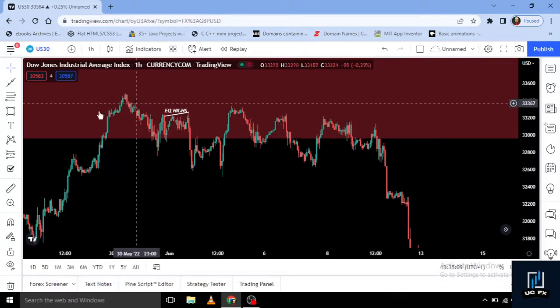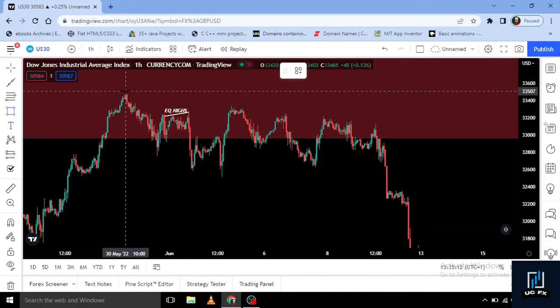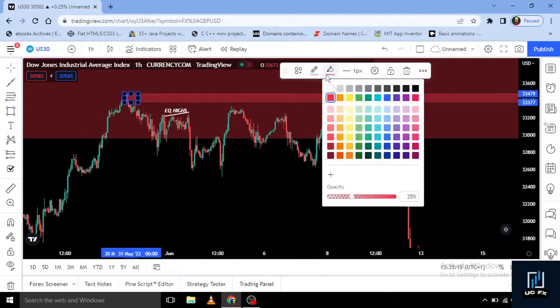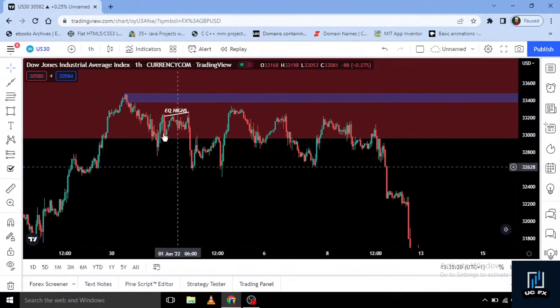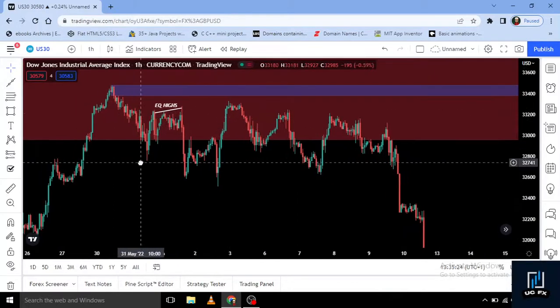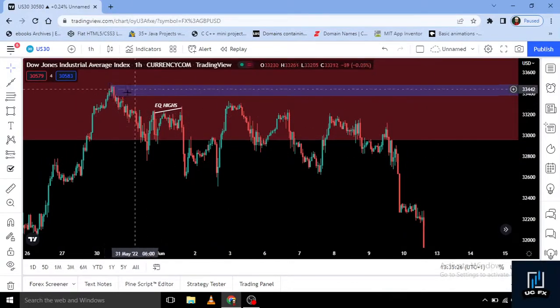Behind the equal high, you could spot out an order block inside this area. Let me change the color. That is an order block. So behind this equal high, you could spot an order block.